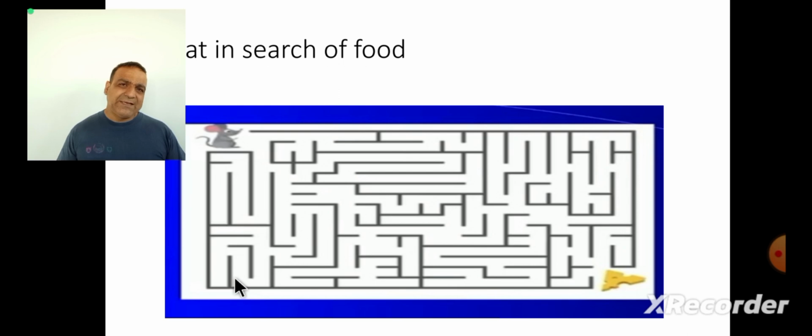That means if I choose this rat as a quantum particle, this rat will access all the infinite paths that will lead to the food that it has to attain at the end of performing this kind of job.